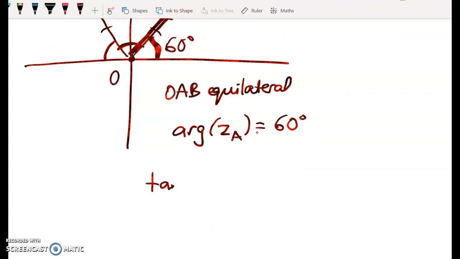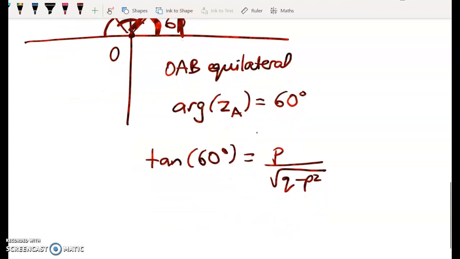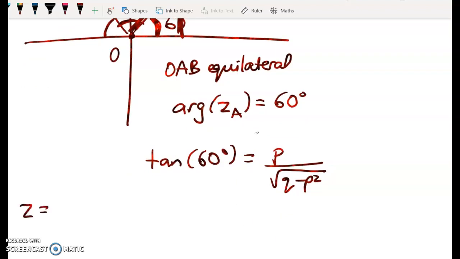So tan of 60 degrees is equal to the two bits of the argument. So we've got P over root Q minus P squared. Remember that first complex number is root Q minus P squared plus Pi.